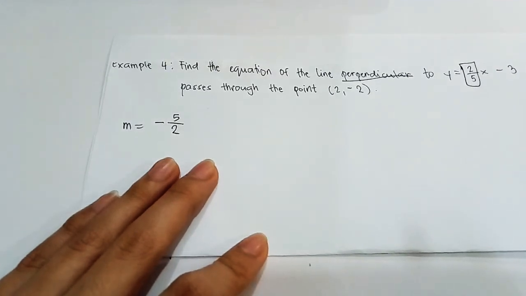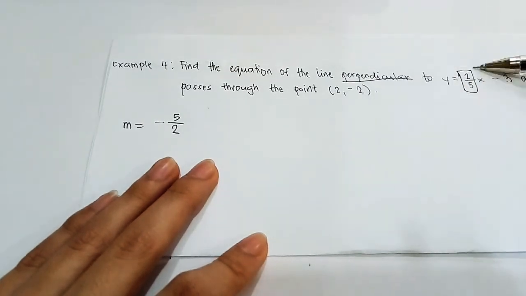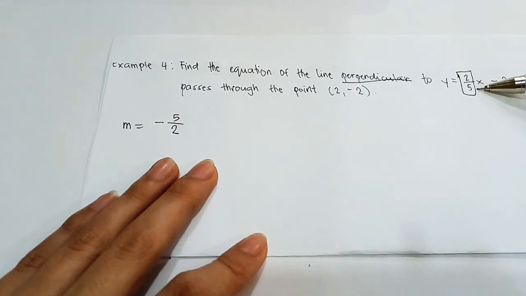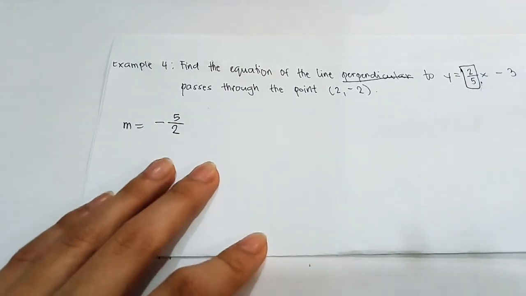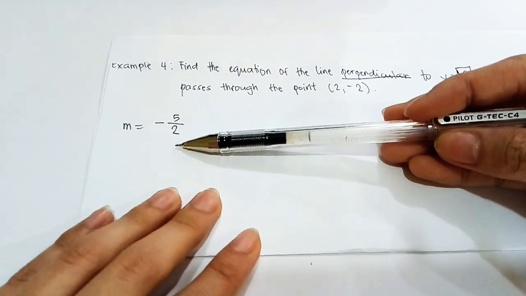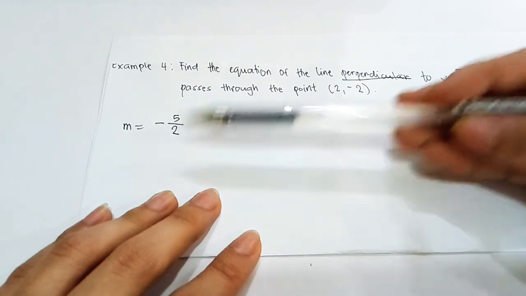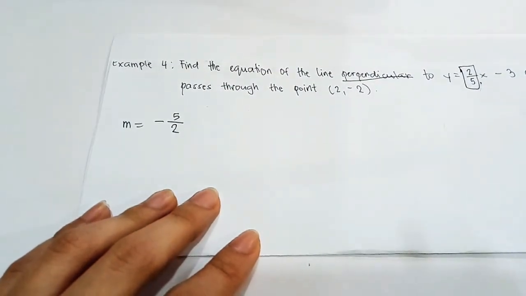So that is negative 5 halves. Just interchange the numerator and the denominator of the given fraction and convert to negative. So we're going to use the slope, which is negative 5 halves, since the two lines are perpendicular.